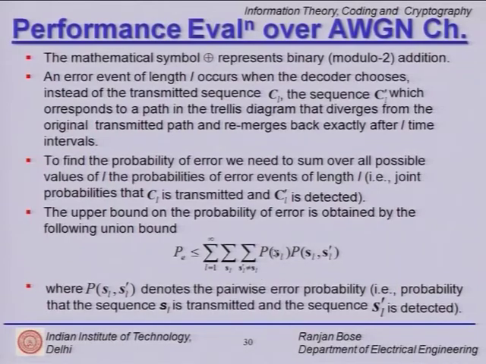And then we have all the possible symbols, and all possible path lengths of the error event. So, an error event can be of one length, so in one hop it diverges and merges back, or two hops or three hops up to infinity, because the trellis is a semi infinite geometric structure. So, we have these three summations here, and therefore, we have a union bound on all the cases where SL is not the same as SL prime.